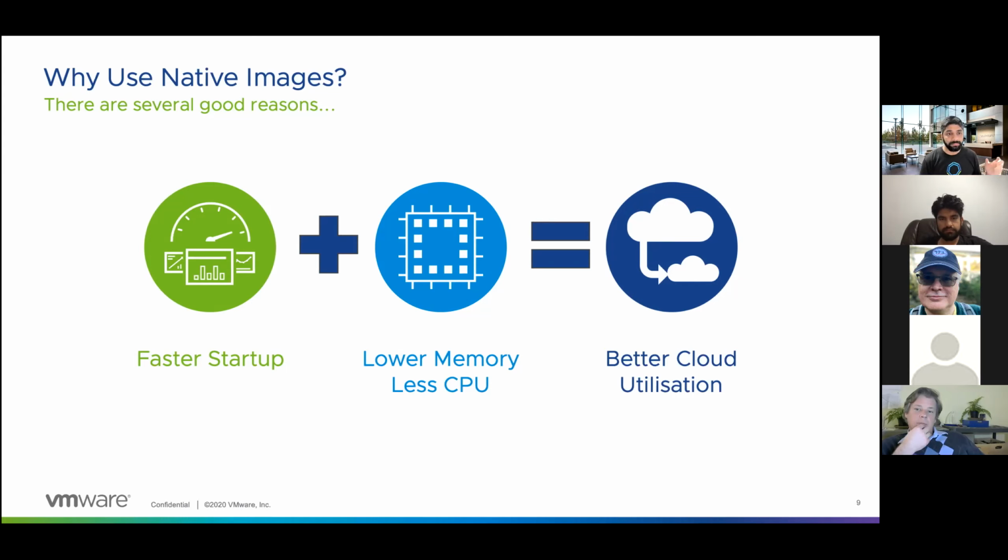Again, why we do that: faster startup, if you're talking about having the ability to scale up and down real fast in a Kubernetes world or any container orchestrator where your load is uncertain and you want to leverage this cloud environment much more efficiently.